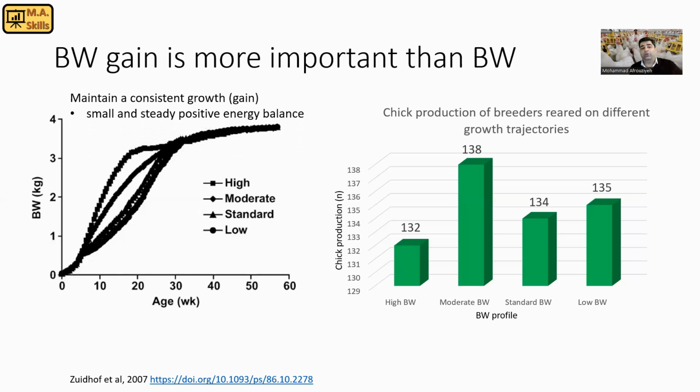So the point is this: maintain a consistent growth or body weight gain. A small and steady positive energy balance. If you do this, you will have a successful management on your broiler breeder farm. I said this to encourage those people who are dealing with small birds or heavy birds. They are freaked out.